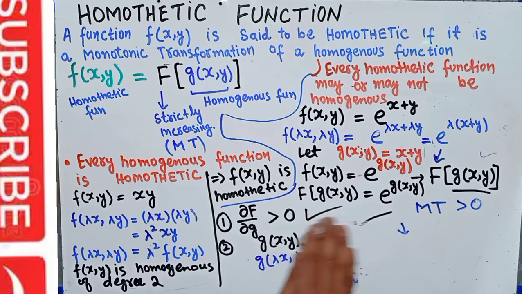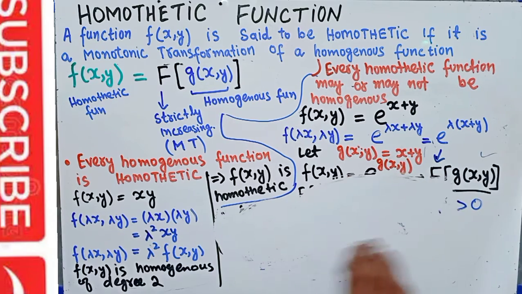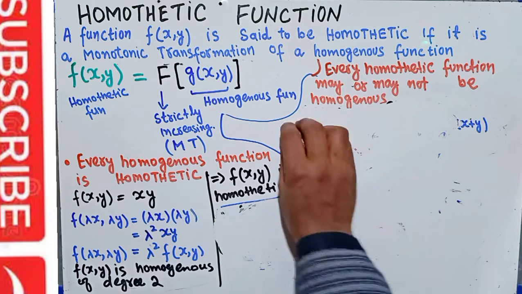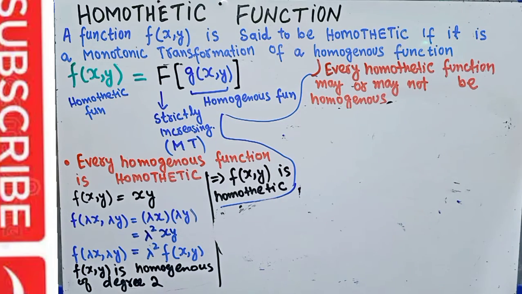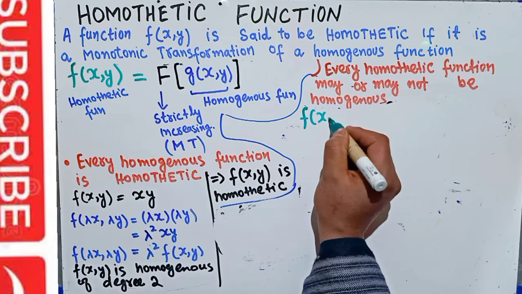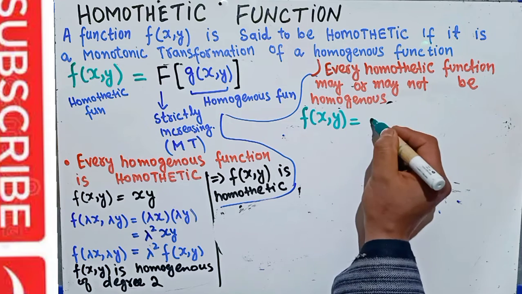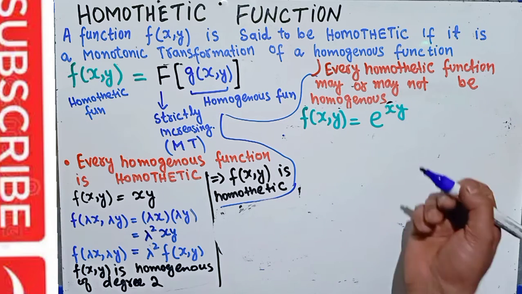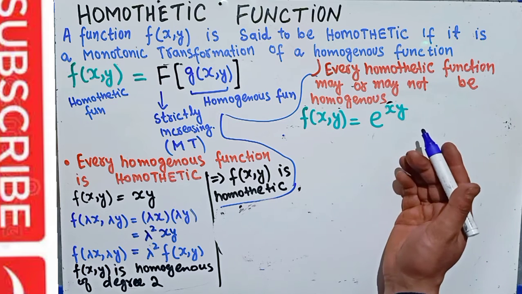Let me take a different example here. Let us say we have f of x comma y is equal to e to the power xy. Is it homogeneous?